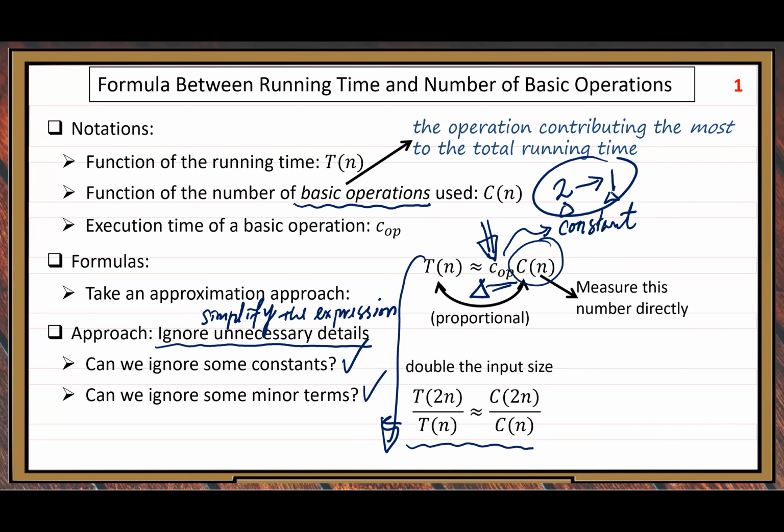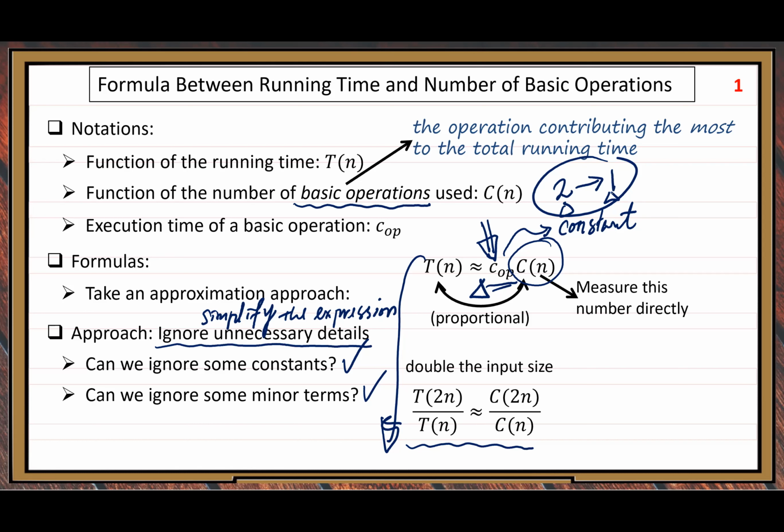That means the little C-op constant does not change the increasing rate. If there is no change, and if our main concern is the increasing rate, then we can ignore that little C-op constant.